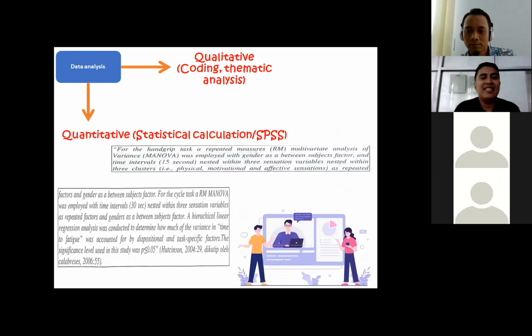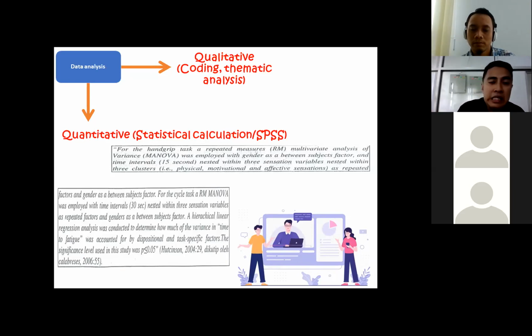Okay, the next part is data analysis. Whether you use qualitative or quantitative, you have to write the data analysis clearly. For example, when you use quantitative data, you have to write your data analysis in quantitative terms. But for a thesis and dissertation, from my experience, we do not write the formulation, we just write the statistical calculation using SPSS or something like that.